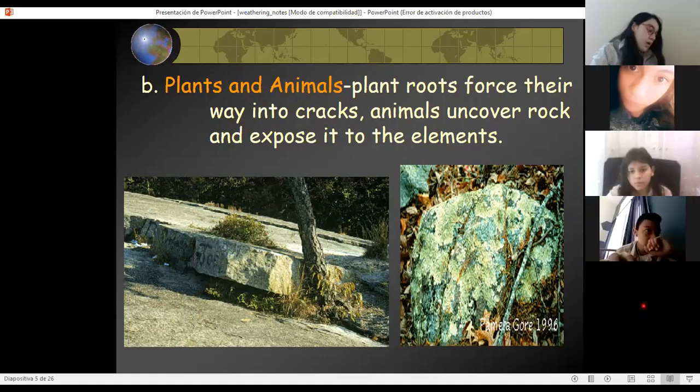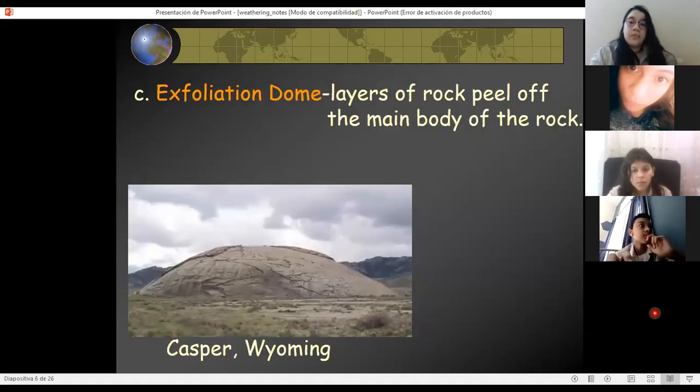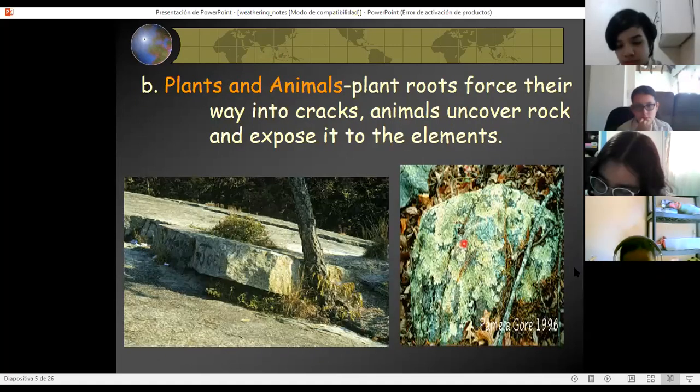Can you read here, please? Yes. Plants and animals. Plant roots force their way into cracks. Animals uncover rock and expose it to the elements. Okay, we have interaction of the living things here and not only the humans.